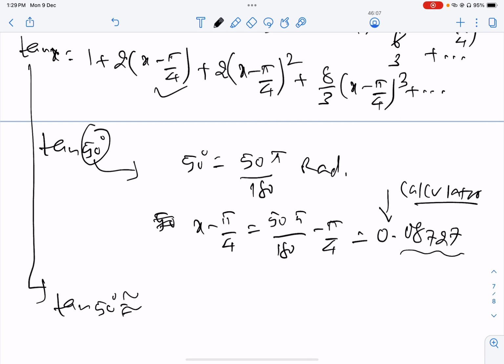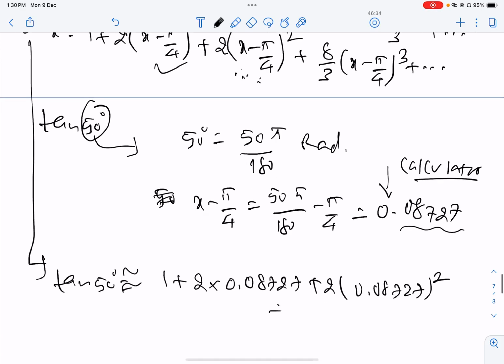So now from here, tan 50 degrees, that is the approximate value, is 1 plus 2 into x minus pi by 4, that is 0.08727, plus 2 into 0.08727 square plus 8 by 3 into 0.08727 cube and so on.